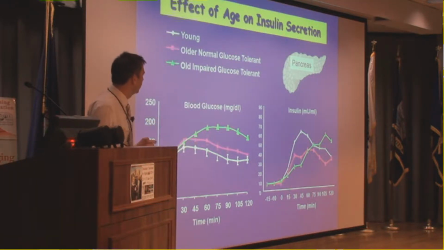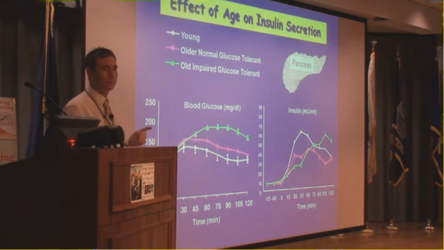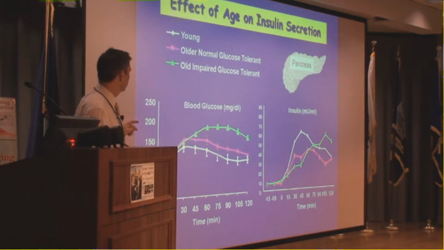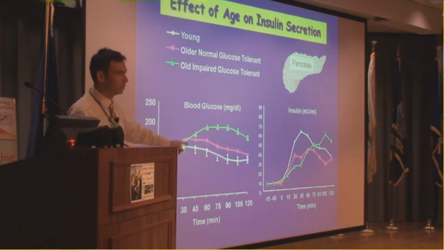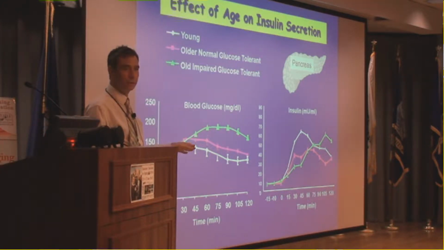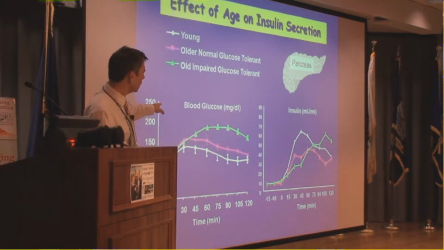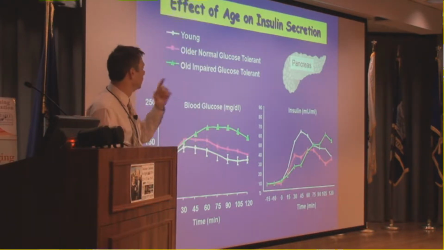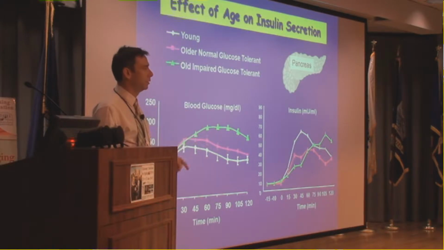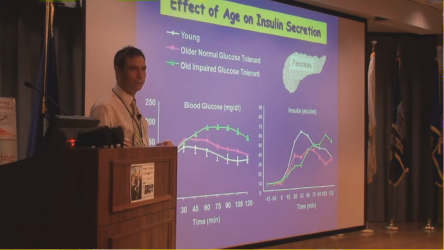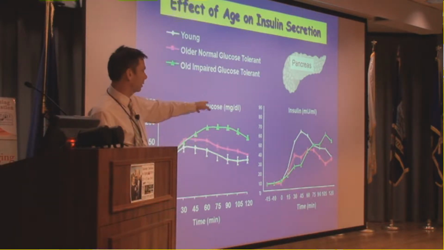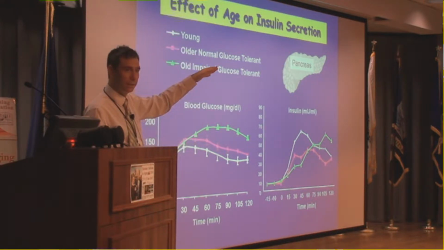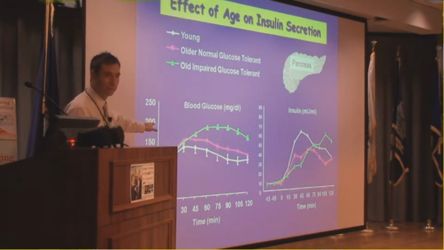And now let's look finally at the older group who are pre-diabetic or glucose intolerant, in green. Glucose levels start to rise, and look at the response of insulin. It's very sluggish, it's very slow, and therefore that's why the glucose remains high. Eventually the amount of insulin that is secreted at the end is pretty high, but it's too late.